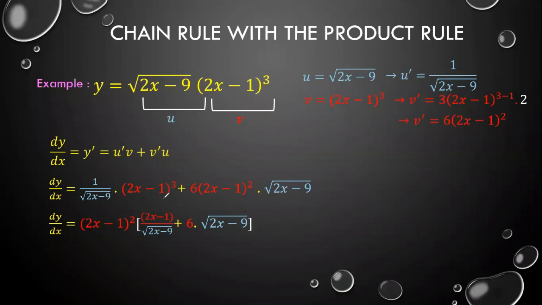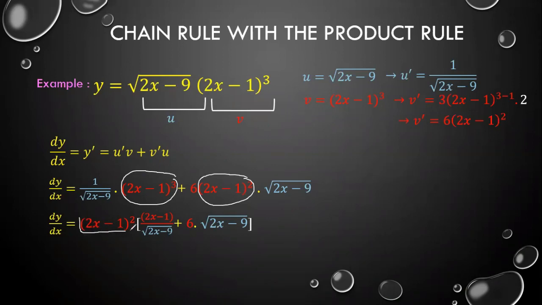Okay, everyone, 2x minus 1 cubed and 2x minus 1 squared. We can distribute all these functions to the simple function, right? So 2x minus 1 cubed and 2x minus 1 squared will be simplified to be 2x minus 1 squared, right?